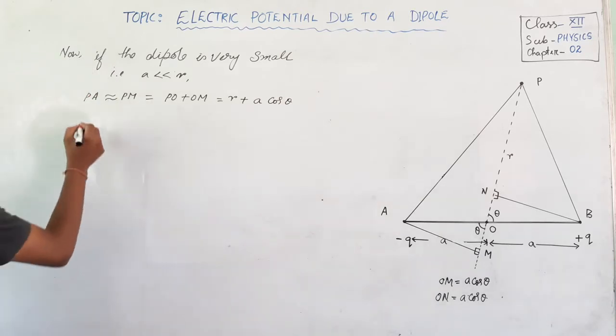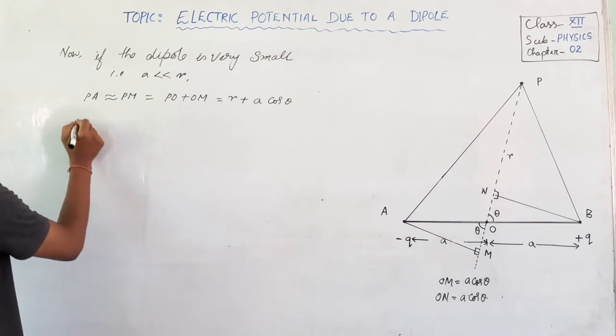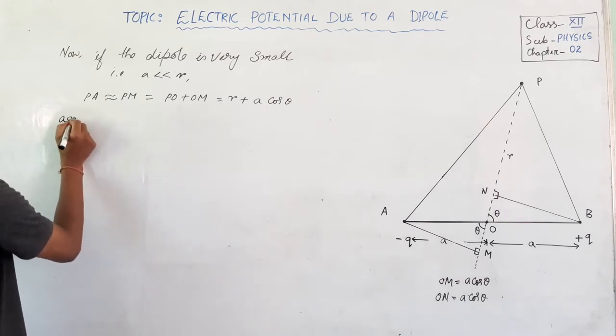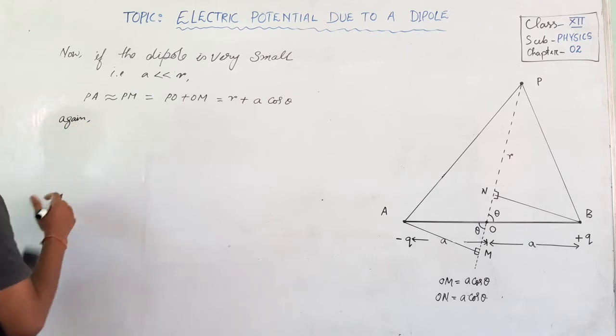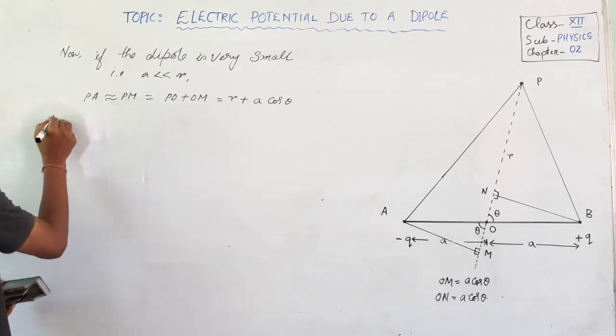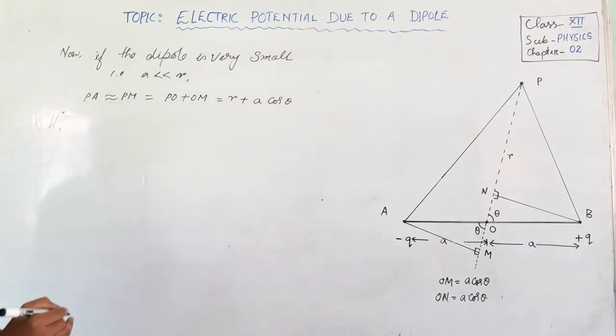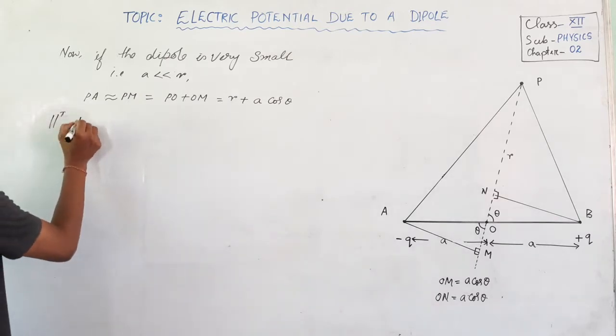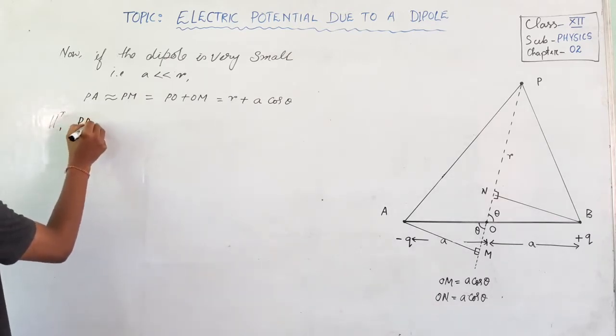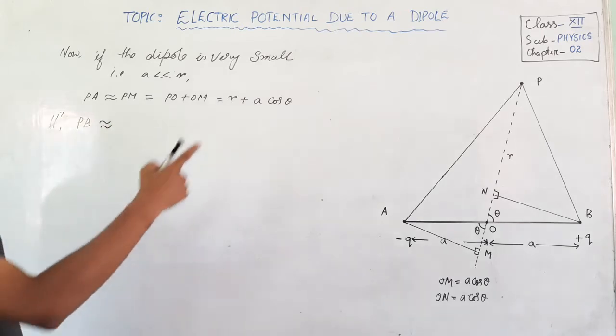Now next, similarly, PB is similar to PN.